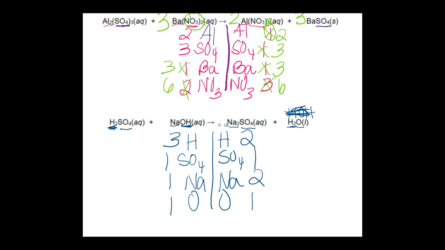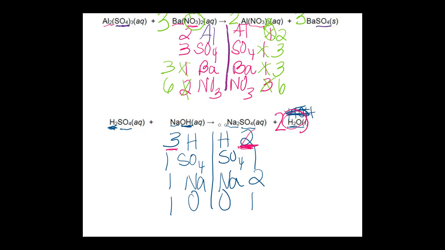All right. So looking at this top down, we can see here that I have 3 H's and 2 H's. So I know I need more H's on the right. Now, there on the right-hand side, there's only 1 spot where there's H's that I can add. On the left side, there's 2 different spots. So let's just start off by saying, well, what if I had, instead of 1 water, let's say I had 2 waters.